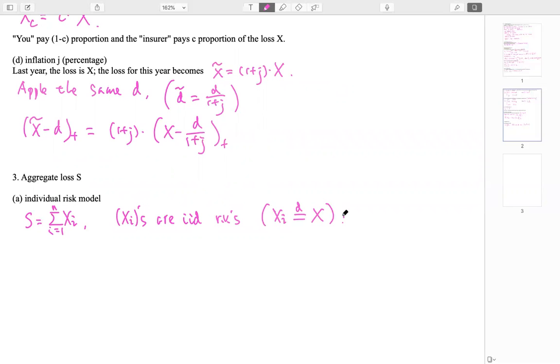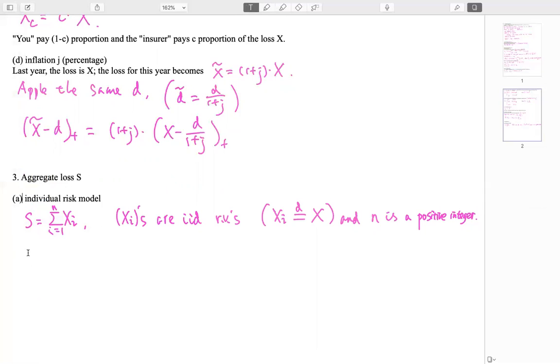And N is a positive integer. The meaning I already explained in the video. So small n, you can think of it as the total number of policies under consideration, and Xi would be the claim severity of the i-th policy. Of course, you can interpret it differently.